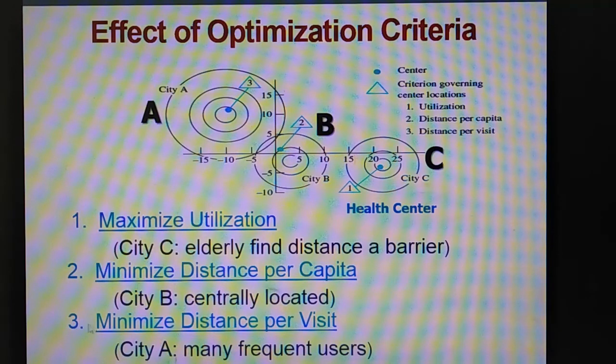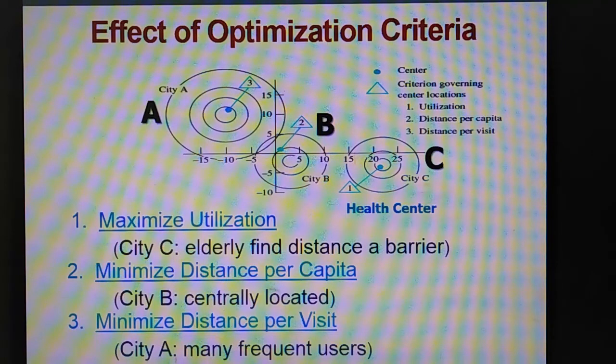And the third is the short distance per visit, so that frequent visits can be made to the service center. In the textbook, it is explained that this survey of optimization criteria was executed by Abernathy and Hershey.